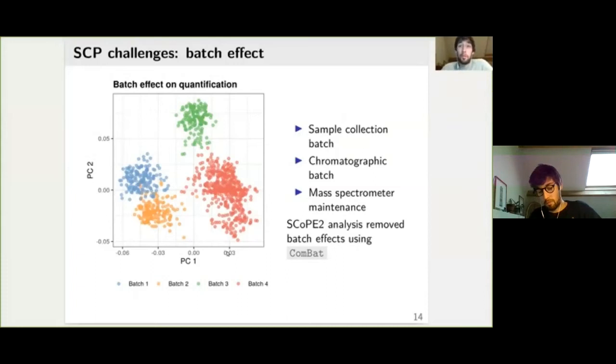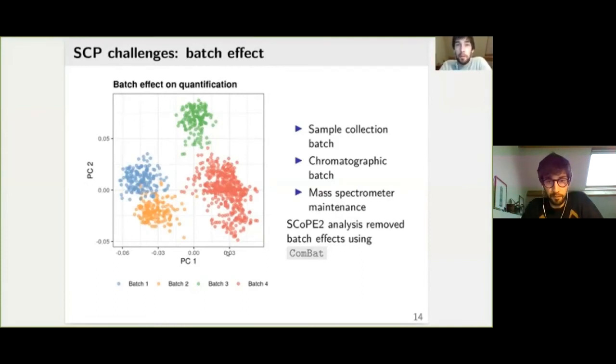First, sample collection: for technical reasons, samples can be collected in different batches. But there are also batch effects linked to the instrument. For instance, we can have chromatographic batches because when running different samples, at some moment we need to change the chromatographic column, or the mass spectrometer must go on maintenance.